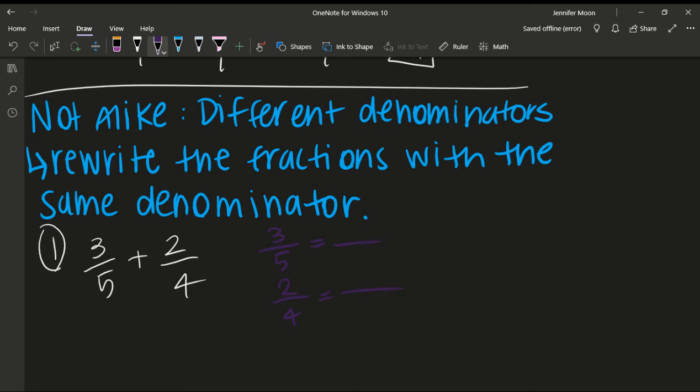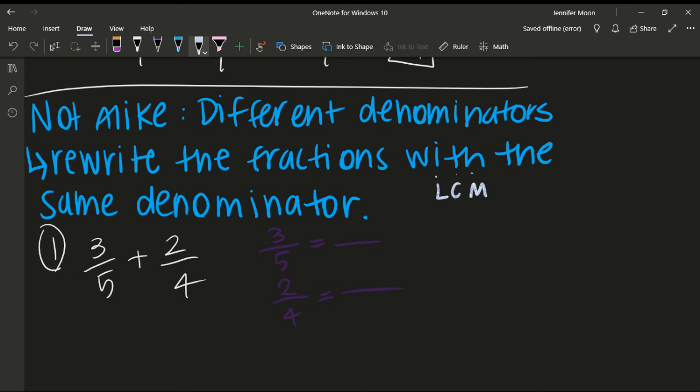So what you can do is look and see what is the smallest number that both 5 and 4 can divide equally. That's also called an LCM, which is a least common multiple.